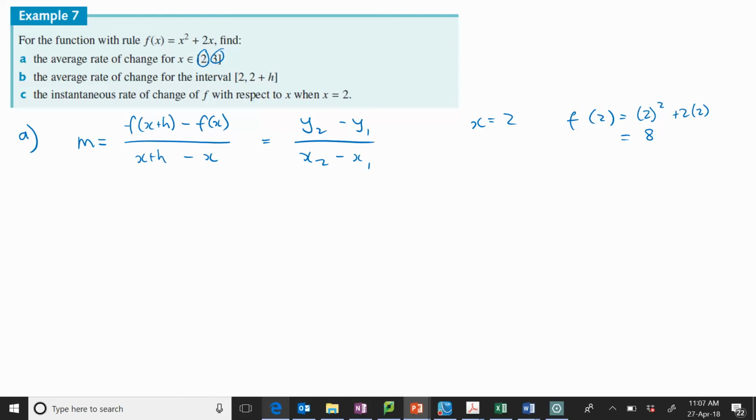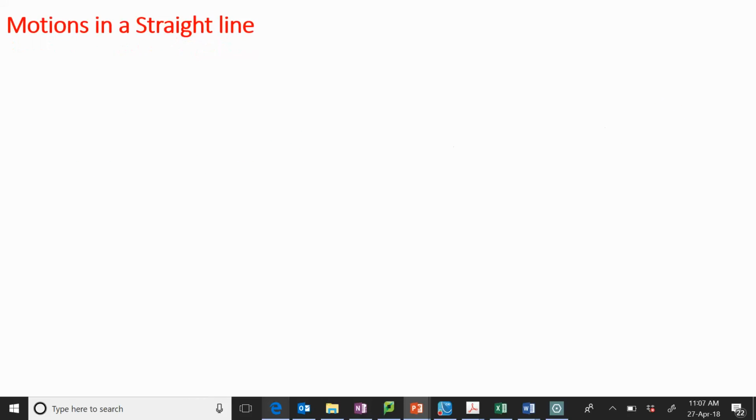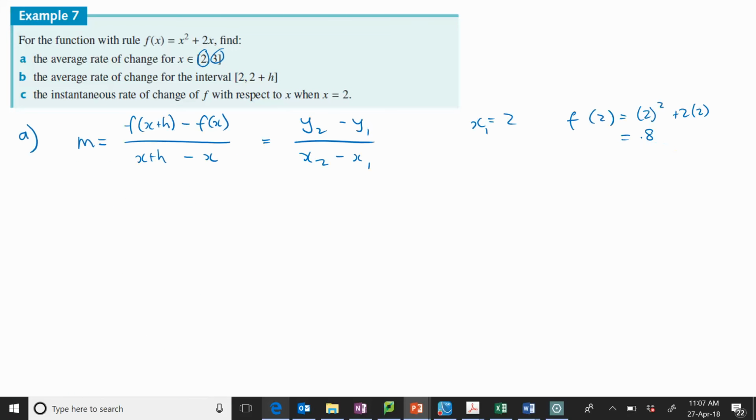Okay, so you now know x1, y1 is equal to 8. And now you go to x2, y2. So when x2 equals 3, f of 3 equals 3 squared plus 2 times 3. That gives you 9 plus 6, 15.